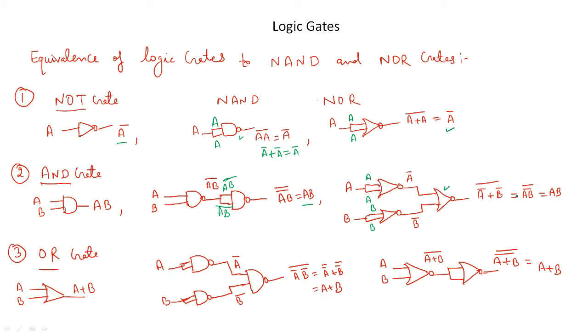Similarly here it will be AB whole bar and again the bar will make it AB. So here you can see that one AND gate is equal to two NOR gates and three NOR gates.